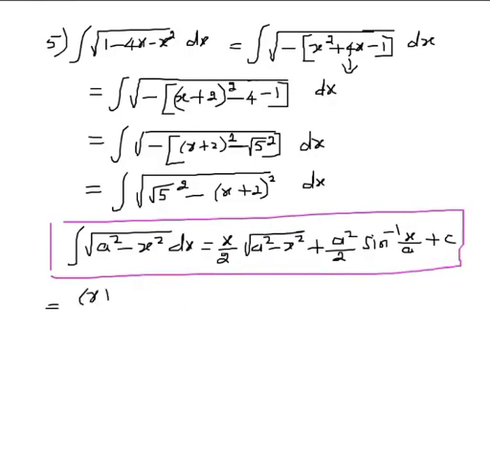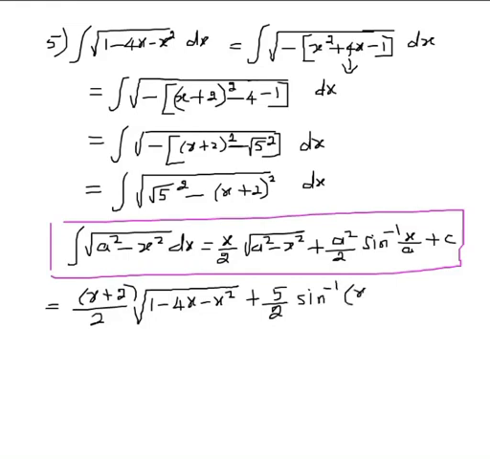Here x is x plus 2, root of a square minus x square expression is the given expression, which is 1 minus 4x minus x square, plus a square. a is root 5, square is 5, by 2 sine inverse of x, which is x plus 2, divided by a, which is root 5, and plus c.